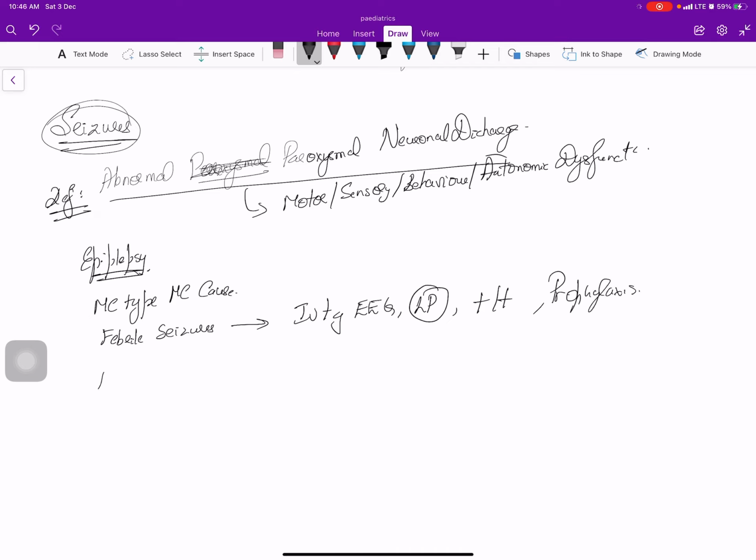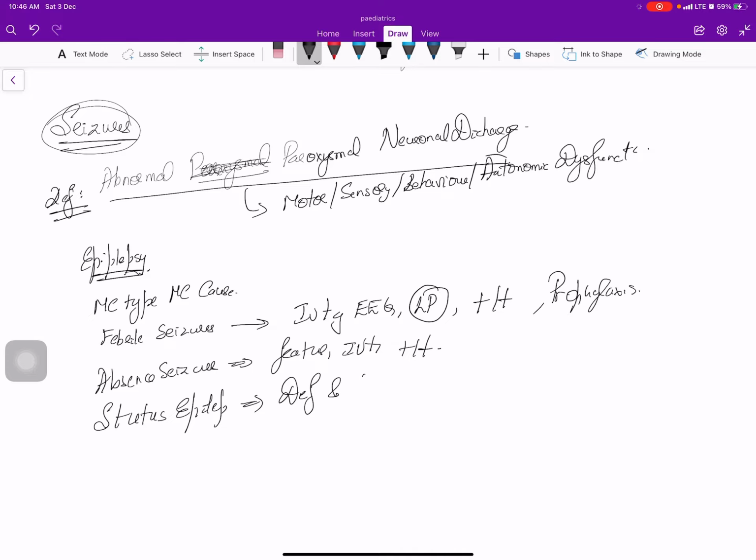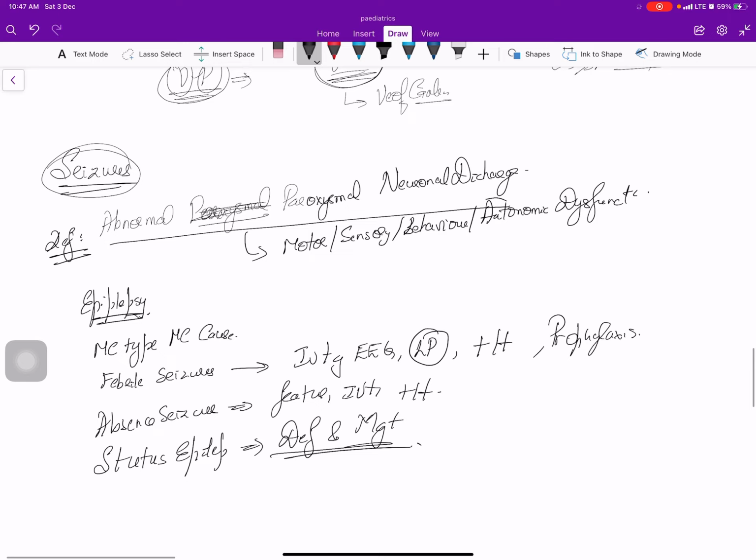Then we'll talk about absence seizures, the same features, investigations, treatment, and most importantly, status epilepticus, definition and management. Okay, so let's get started.